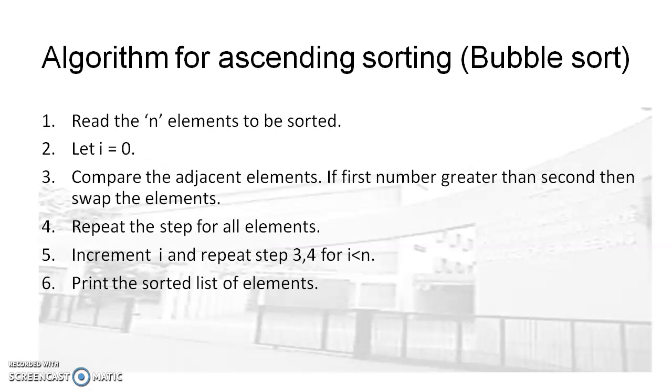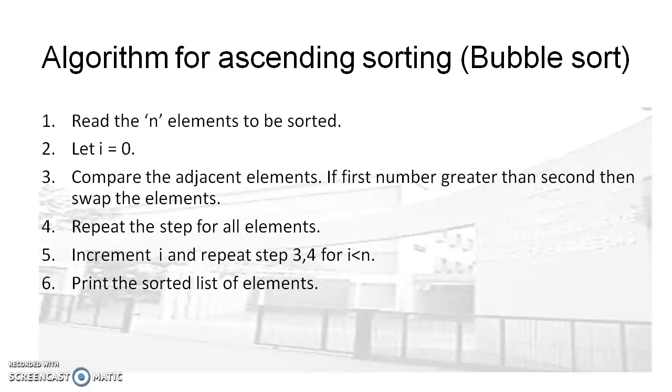Now let's have a look at the algorithm for sorting using bubble sort in ascending order. Whatever the number of elements to be sorted, let's consider that to be n. Read the n elements to be sorted and initialize a variable I to 0. Compare the adjacent elements. If the first number is greater than the second number, then swap the elements.